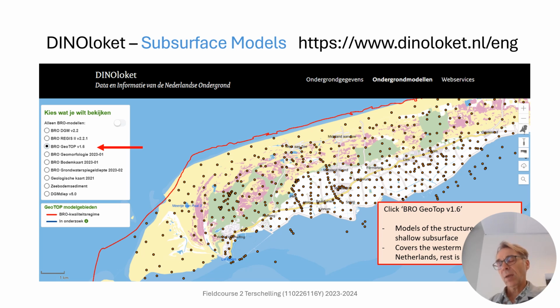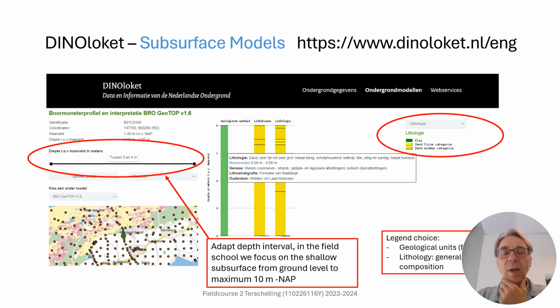But you can already see that the advantage of the GeoTop model is that it has quite a high density in the area, making it usable directly for cross-sections, but also for synthetic use of the area in between the modeled areas, and the reliability of the model is quite high in this area.